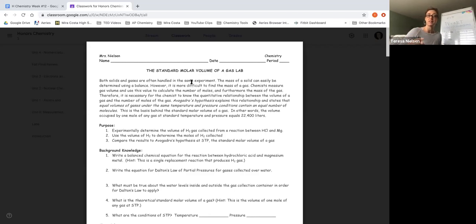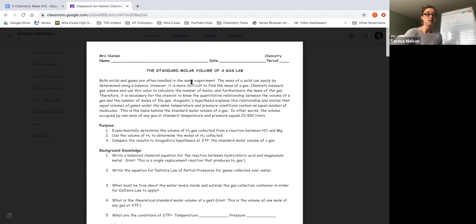So the purpose of this lab is threefold. Objective number 1 is to experimentally determine the volume of hydrogen gas collected from a reaction between hydrochloric acid and magnesium. 2, use the volume of hydrogen to determine the number of moles of hydrogen collected.